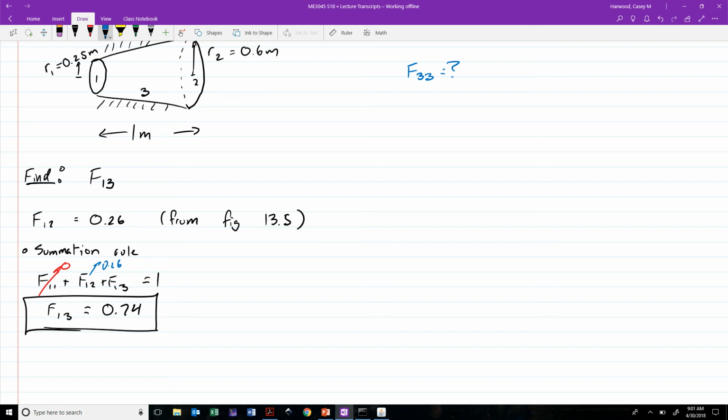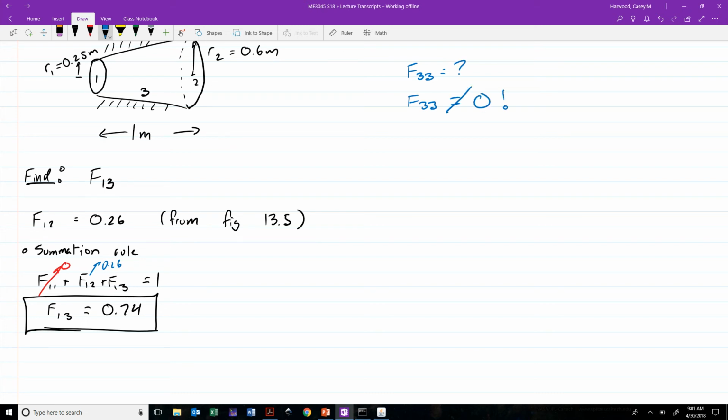Anyone think that it's as easy as F33 equals 0? Good. Because surface 3 there, it can see itself. It's concave. Some point on the lateral surface on the inside of this cone can see the other side of that cone. And so if there's a line of sight, then there's going to be radiation transfer. So the first thing we know is that F33 will absolutely not be equal to 0.